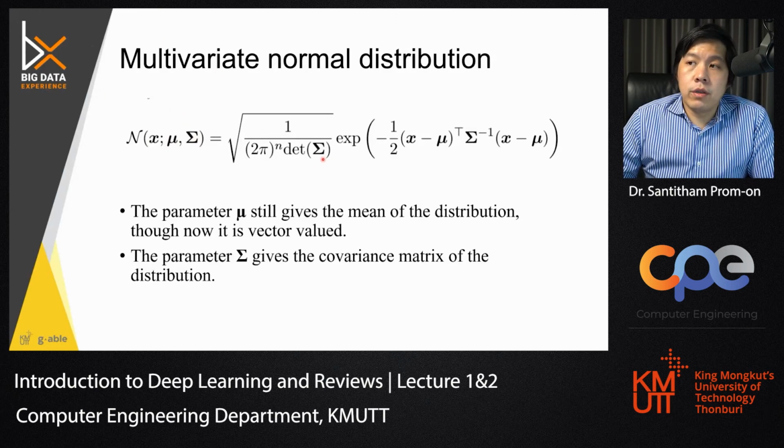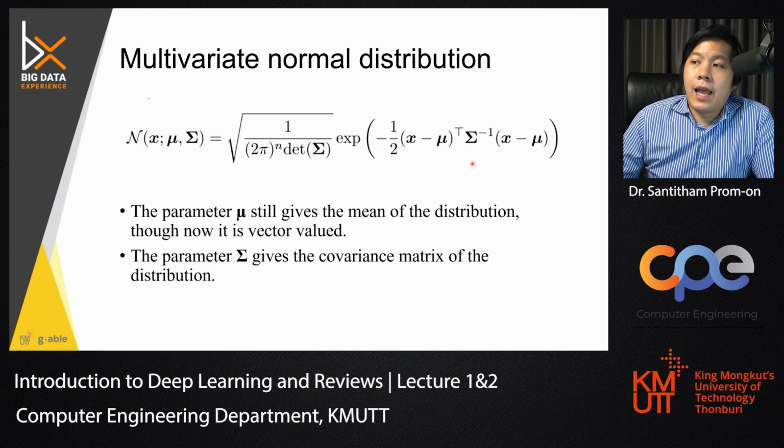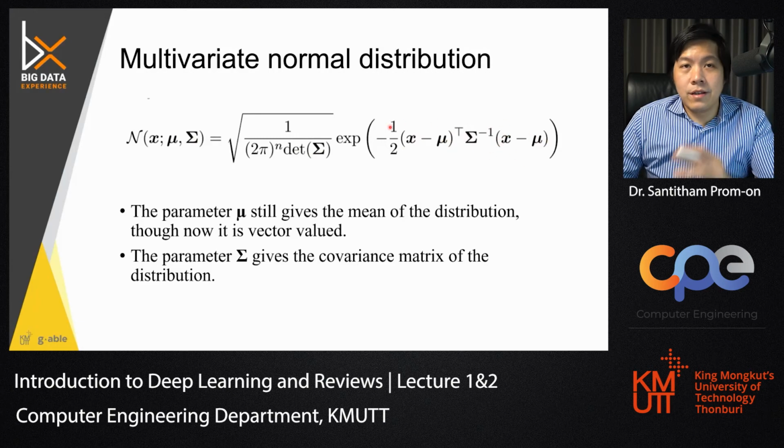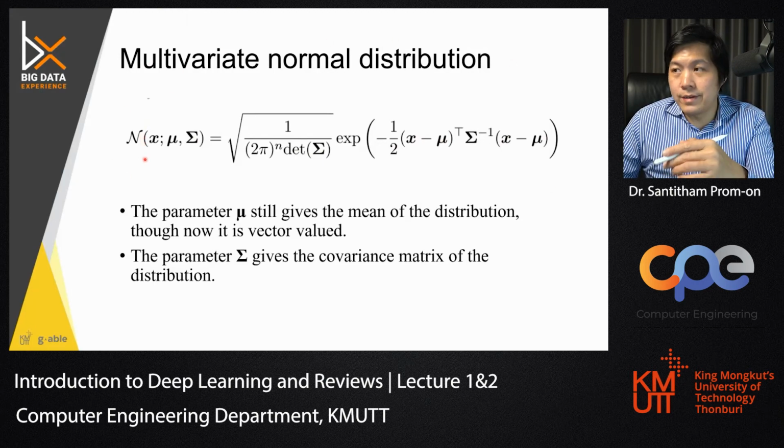This is called the multivariate normal distribution, or the distribution of multiple variables. So the difference is that instead of having just sigma, you have the determinant of sigma to determine the size of the transformation. And here, this is still x minus mu, but instead of having 1 over sigma, you have sigma inverse. And the reason that you have x minus mu and x minus mu transpose is to denote the square. Okay.